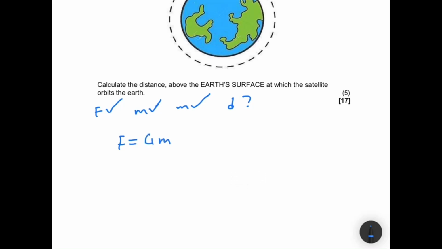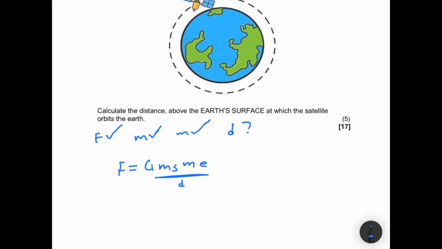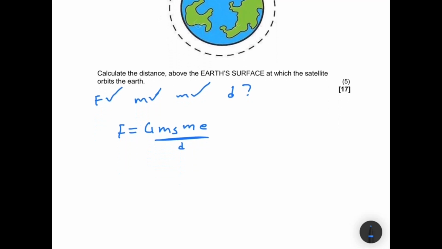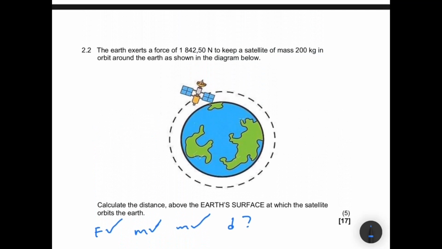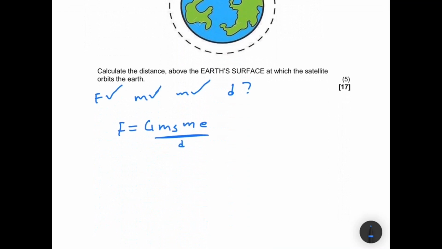And then mass of the satellite times mass of the Earth, divided by the distance between them squared. The distance between them will be equal to the radius of the Earth plus the actual distance between the Earth and the satellite, right? So we're saying that F is given to us, right? 1842.